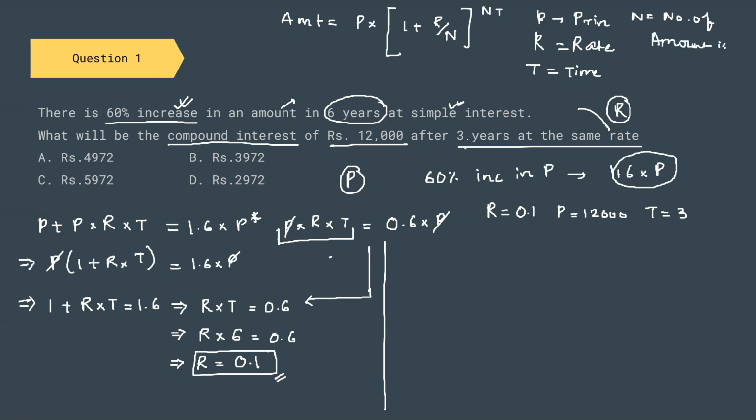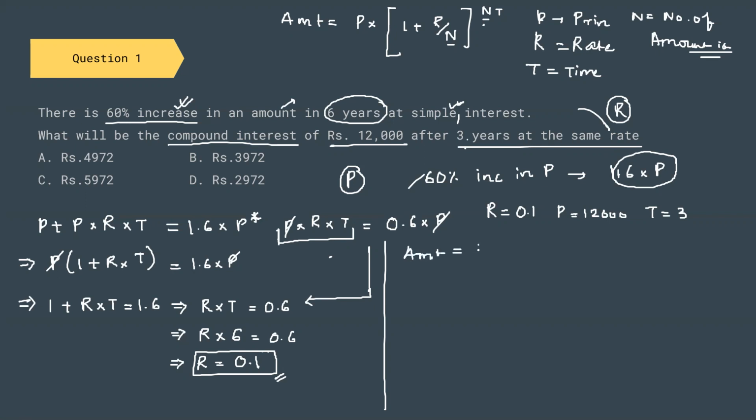We are going to study this N factor a little bit later, and actually solve questions where this N comes into play. In this particular situation, the rate is compounded only once in the whole year, so N will be equal to 1. We can just put the values in this equation.